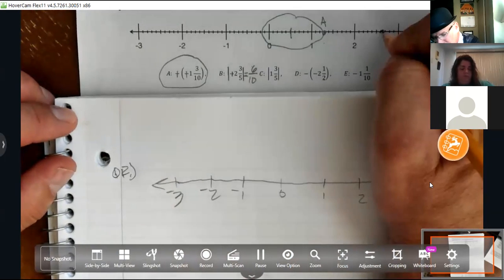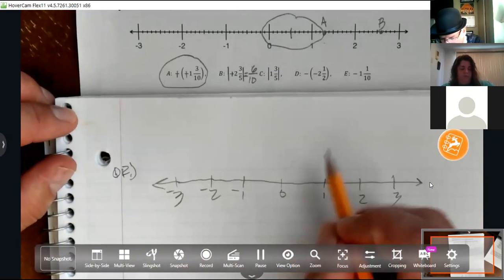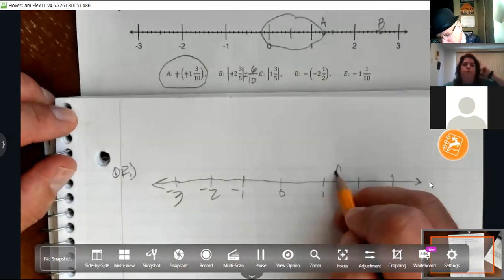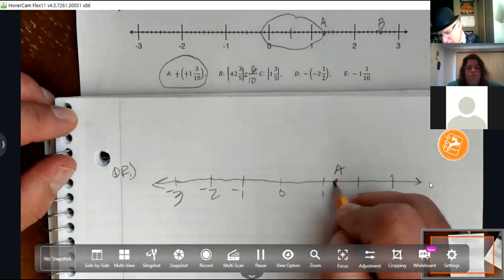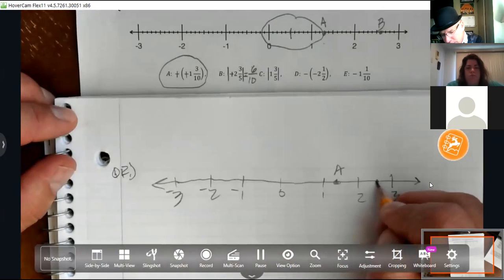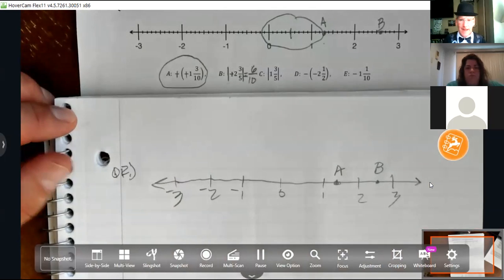So here's point B. So on your number line, A is just slightly 1/3 of the way between 1 and 2. Point B is just a hair beyond half between 2 and 3. Does that sound all right to you guys?